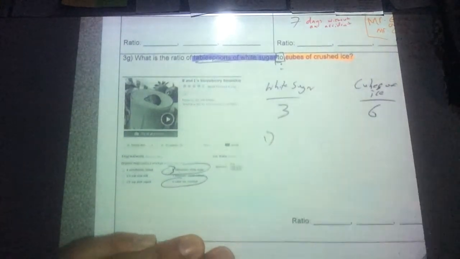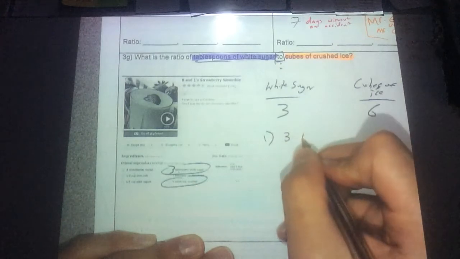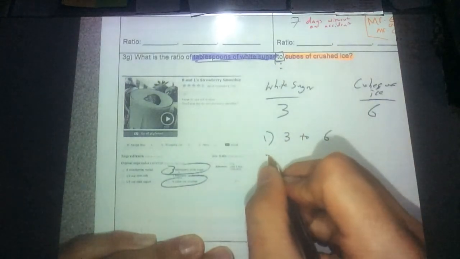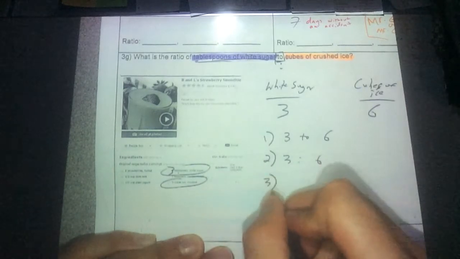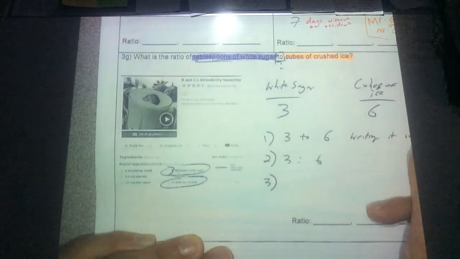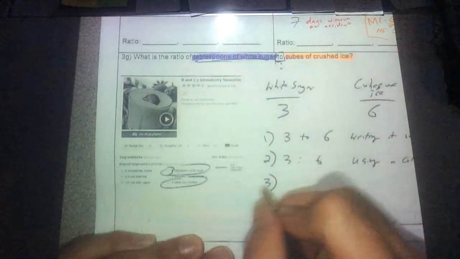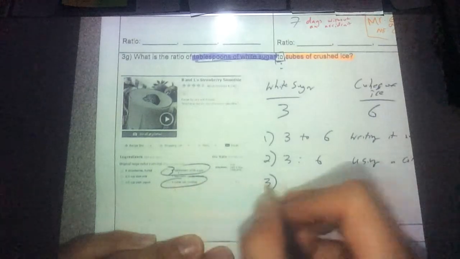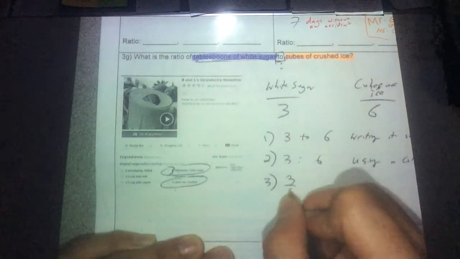So, what are the 3 different ways I can do it? Well, I can do 3 to 6, 3:6, and then lastly, the fraction, 3/6.